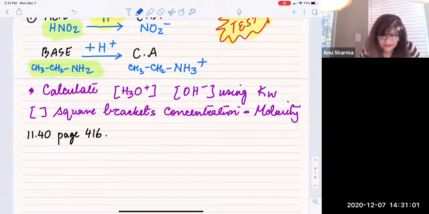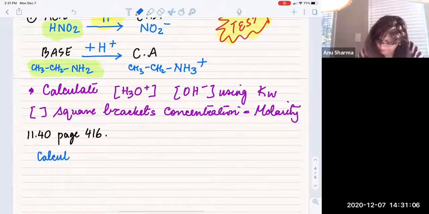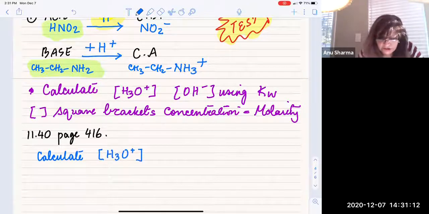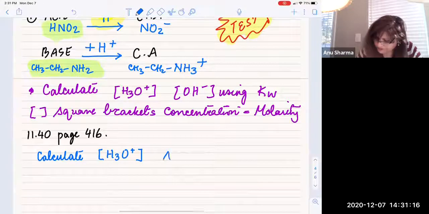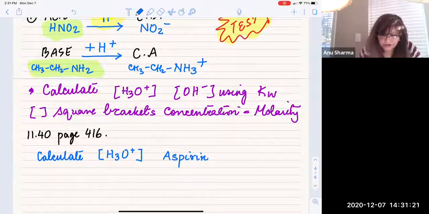Okay, so here calculate the hydronium ion concentration. Let us say aspirin is given to you. This is an aspirin solution, and you need to calculate how much of the H3O plus ions are there.